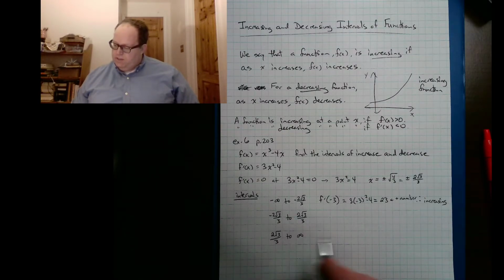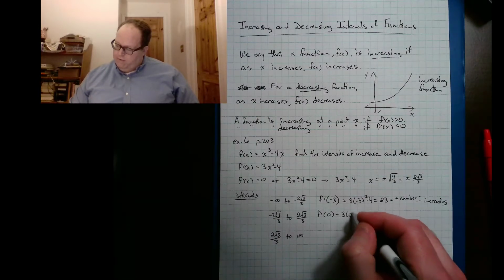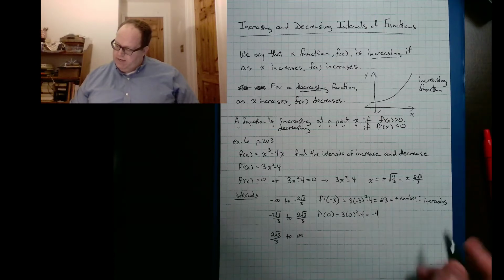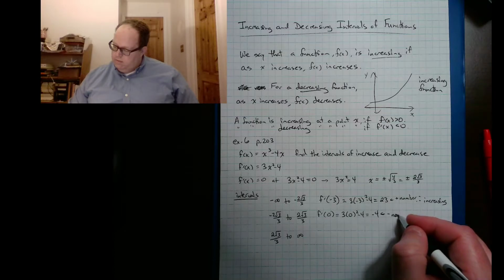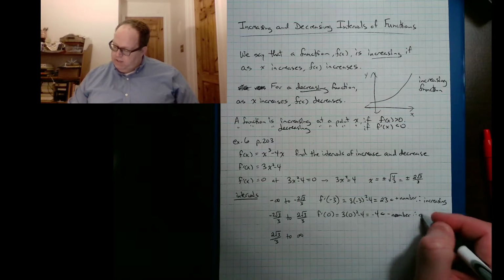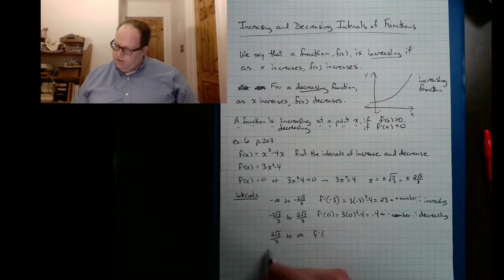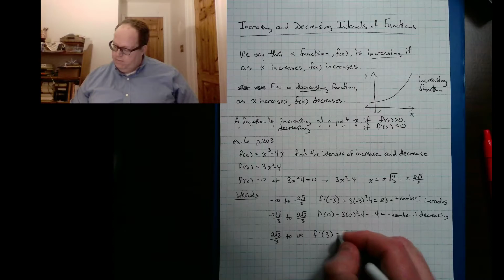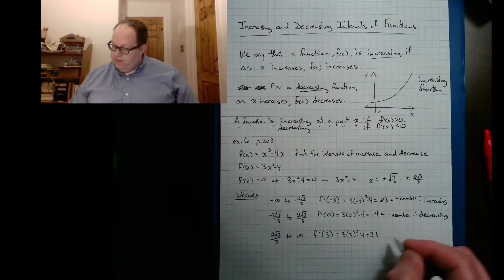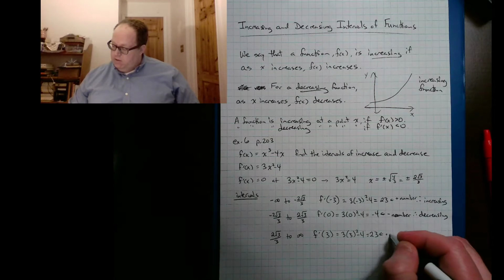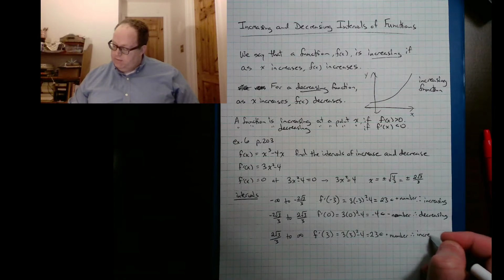Between negative 2 root 3 over 3 and 2 root 3 over 3, a nice easy number is 0. 3 times 0 squared minus 4, which equals negative 4. This is a negative number, therefore it's decreasing. And then finally, I'll check one above 2 root 3 over 3, and I end up with 23 again in this case, which is a positive number, therefore increasing.